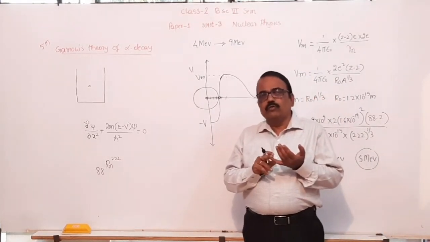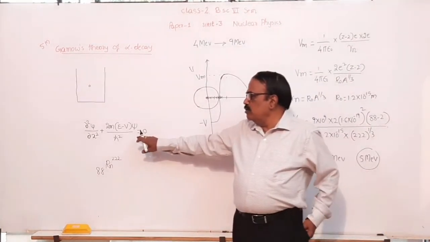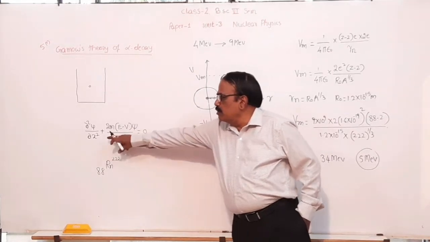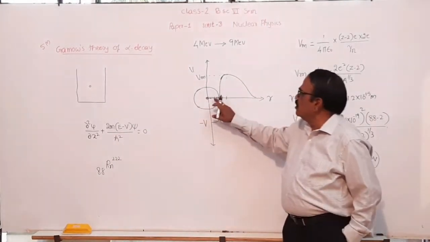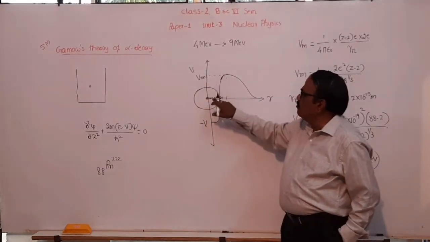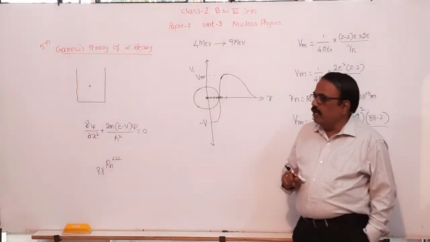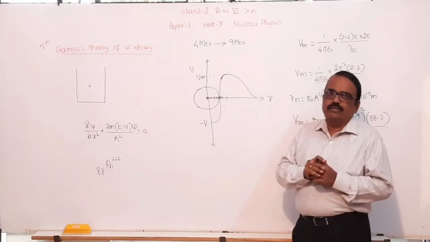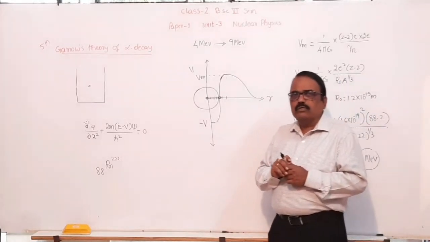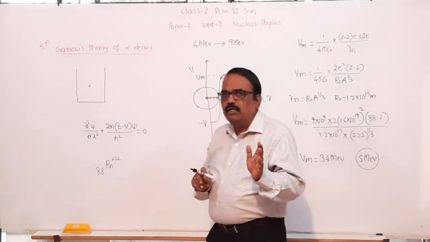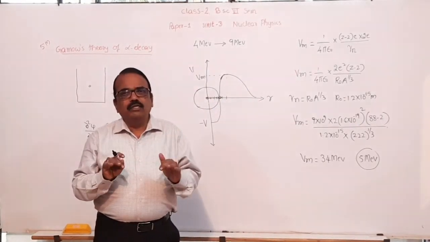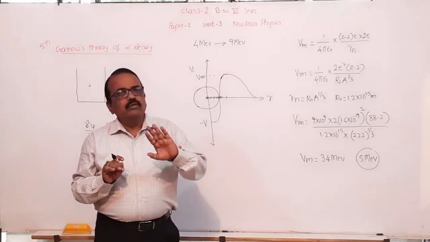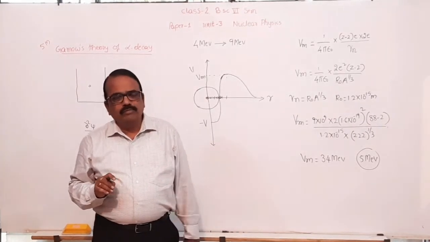If you solve the Schrodinger's equation at different positions, taking different potentials, V goes on varying. Then those equations give the definite probability of the alpha particle, when it was initially inside the nucleus, to come out from the nucleus.